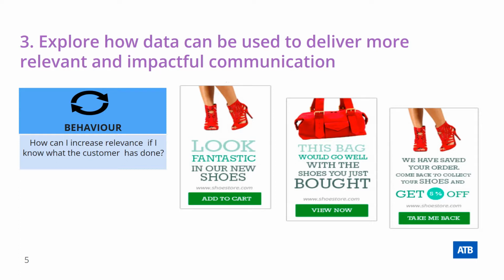So it's interesting to think about what are some of those other signals or behaviors that might be happening with customers of ATB that might trigger a response in this form of digital advertising.